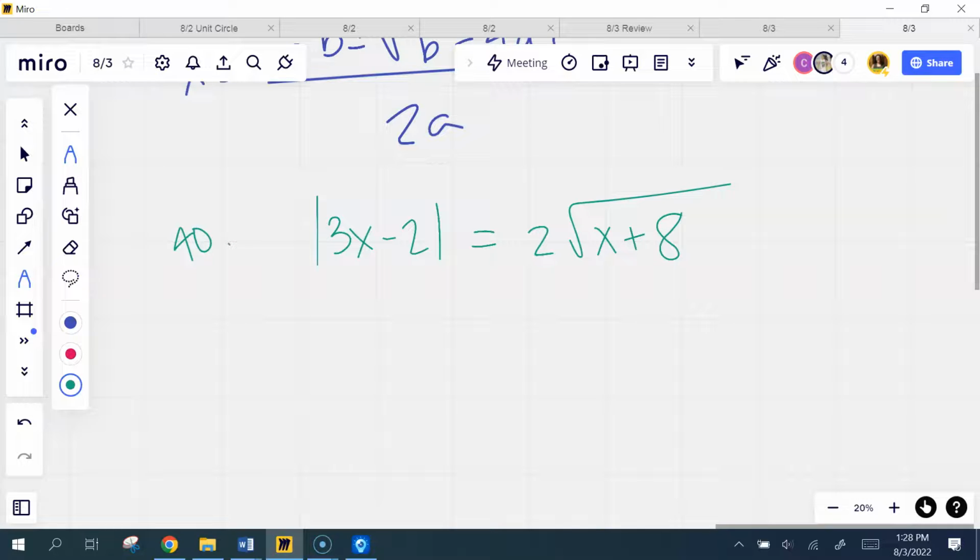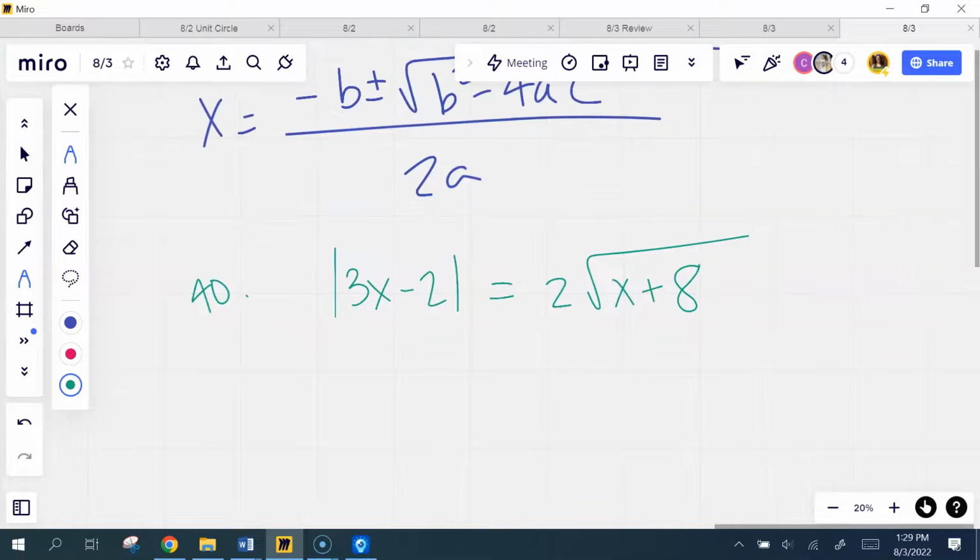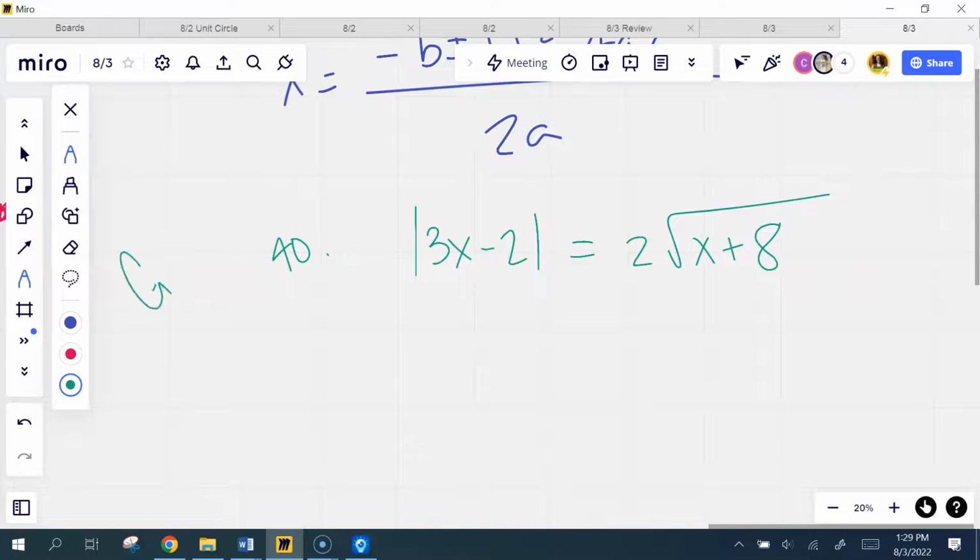Well, the absolute values are what's going to throw me, but that's a good thought. And the point that I'm getting to here is it's really, really hard algebraically. When you're solving an absolute value equation, you have to set it equal to this, then you have to set it equal to the negative. But graphically, I might be able to do something else.